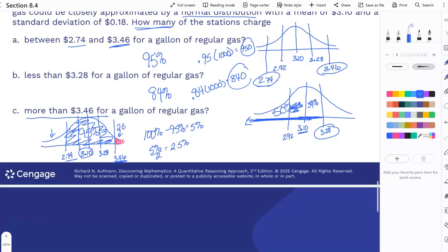So I would have 2.5% in that right tail and 2.5% in that left tail. I want to know how many. So I'm going to take that 2.5%, turn it into a decimal, and then we're multiplying by 1,000. And we're going to get 25. We would have 25 gas stations that fall in that category.